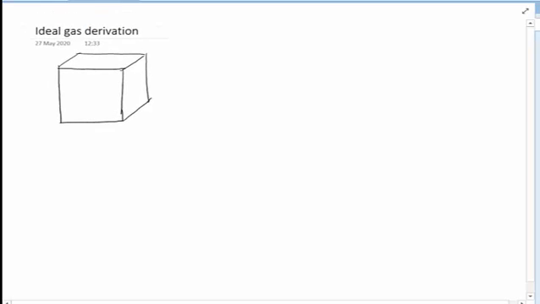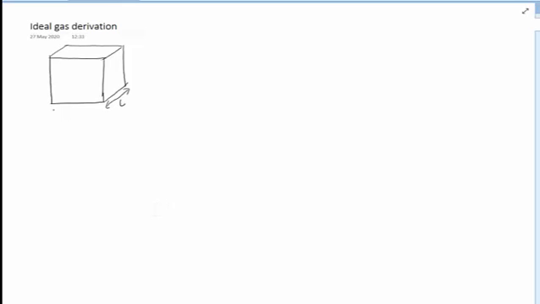Okay, so starting out, we're going to consider our particles to be in a box. So there's our box, and we're going to say that our box is a cube in this case.